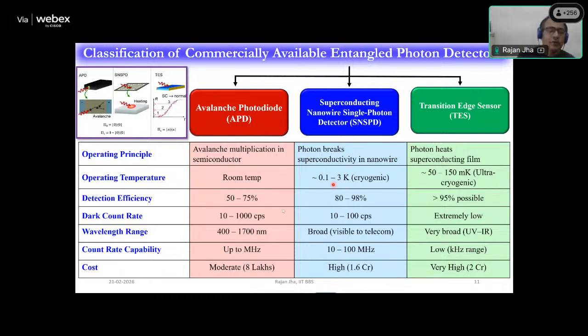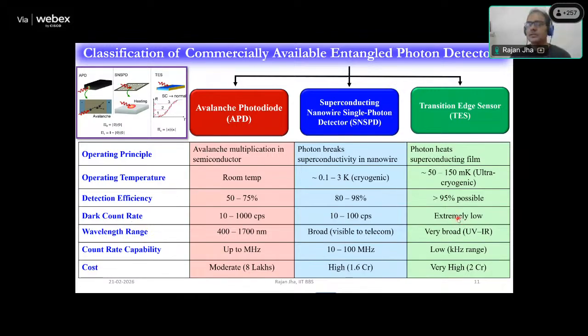Then, of course, one of a very important aspect for any type of detectors is how much is the dark current count rate. And you see, as you go ahead, better the systems like photon breaking the superconducting film, you see these dark current count rates are very low.